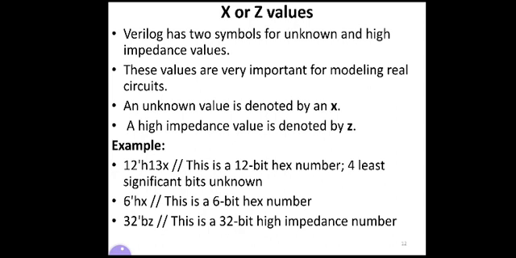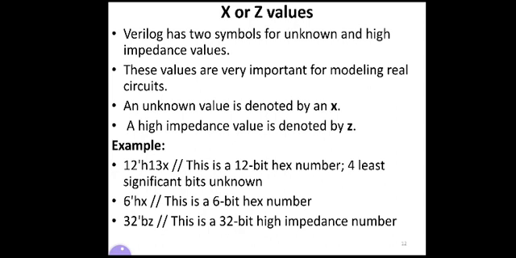These values are very important for modeling real circuits. You might have come across unknown and high impedance values during the digital electronics subject. An unknown value is denoted by the symbol X and a high impedance value is denoted by the symbol Z.